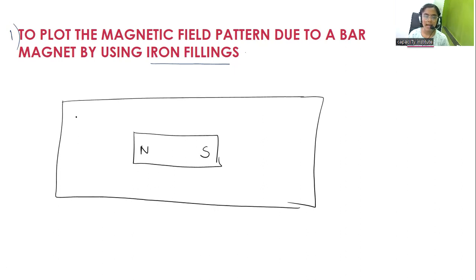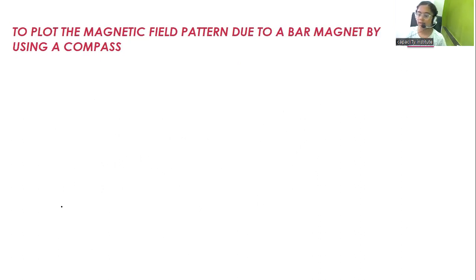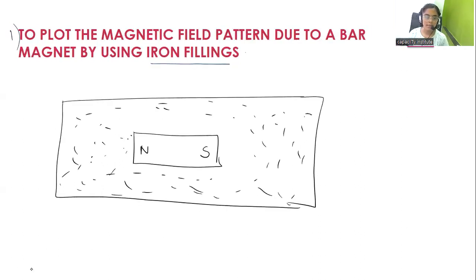Now sprinkle some iron filings. Then, if you tap on the board several times, these iron filings start arranging in this pattern.